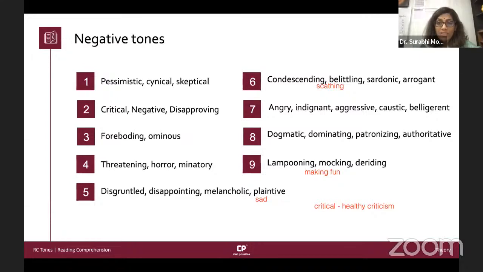Whole passage tone question will be either number 1 or number 6, as I've already shared with you. Or number 2, where critical would be healthy criticism. However, disapproving would be that the author states what is wrong and gives reasons for it. Condescending, scathing, and belittling would be where the author is not just stating what is wrong and giving you reasons for it, but also making harsh comments.